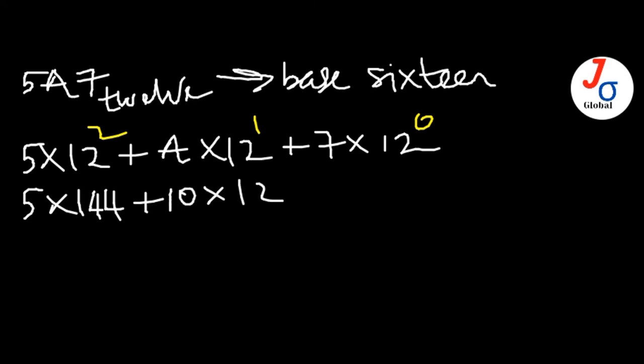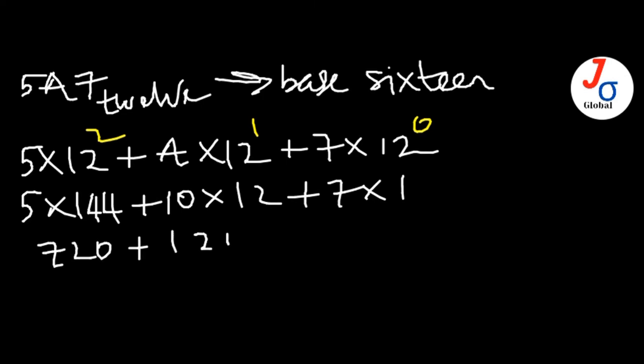Then times 12, plus 7 times 12 to the power of 0, which is 1. And so I have 144 multiplied by 5. I have 720 plus 120, then plus 7. So what I get as my final answer is 847 base 10.